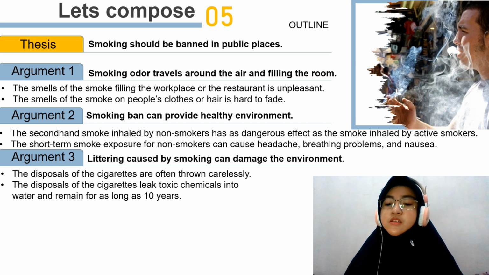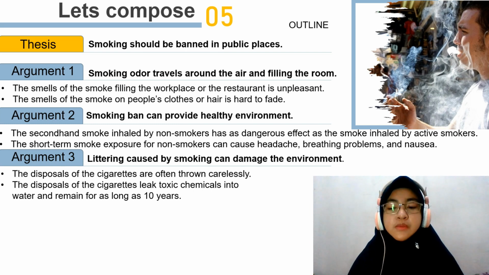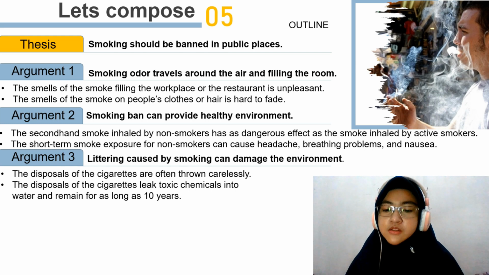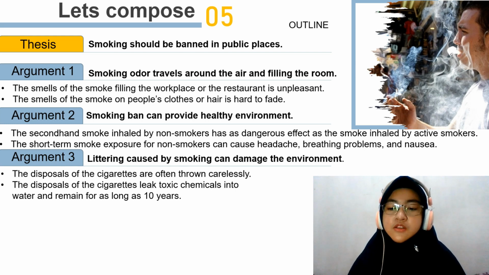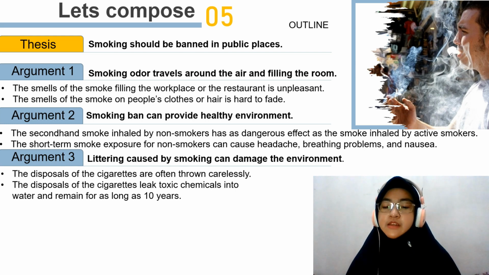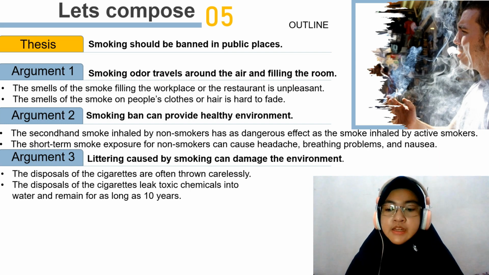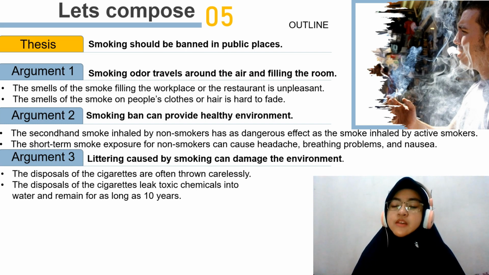For the elaboration, I think about an example, or I search for news, evidence, or research regarding my argument so that my argument can be more valid. This elaboration I choose: the disposed cigarettes are often thrown carelessly. The disposed cigarettes leak toxic chemicals into water and remain for as long as 10 years.